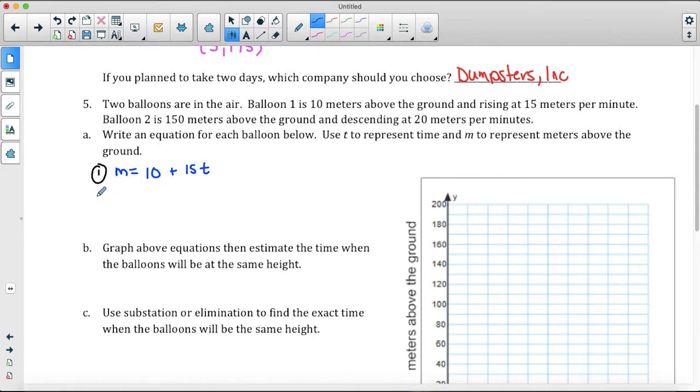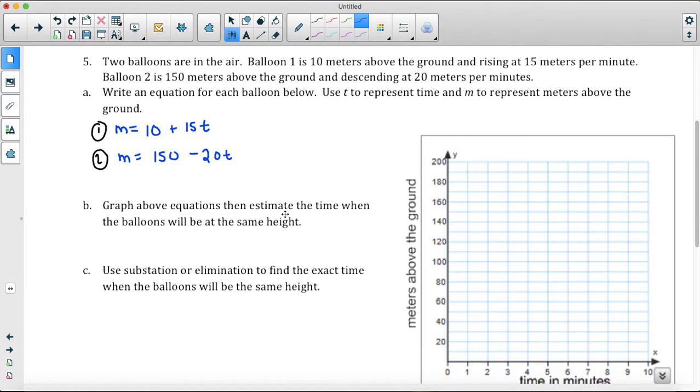But for balloon 2, the height above the ground in meters is already at 150 meters, but it's descending, so it's subtracting 20 meters every minute, so every time we have a T.